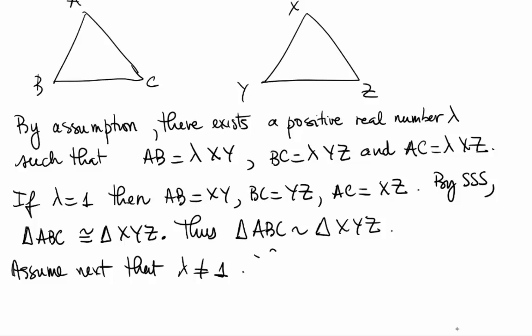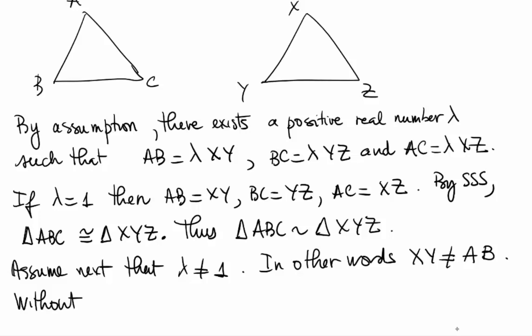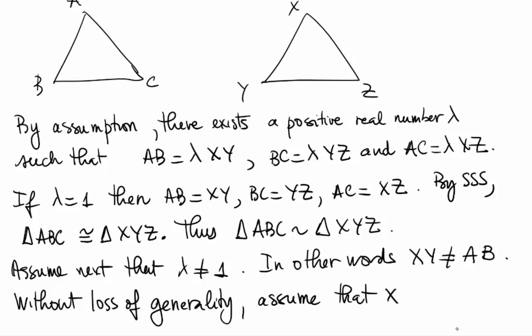In other words, XY is not equal to AB, and without loss of generality, assume that XY is strictly smaller than AB.